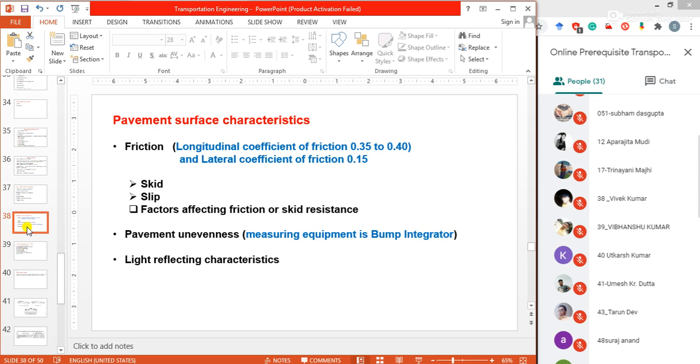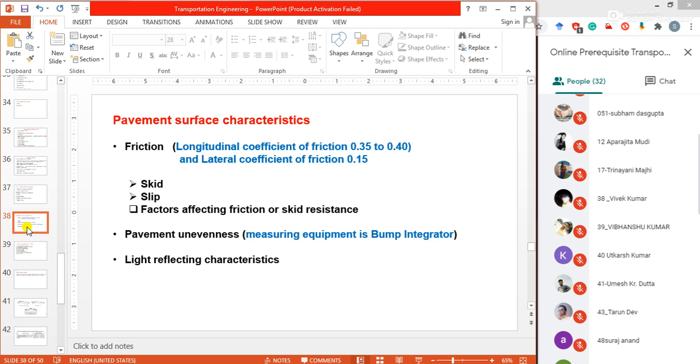So when a vehicle negotiates a horizontal curve, the lateral friction developed counteracts the centrifugal force and thus governs the safe operating speed. On a curve section of the roadway, friction can also happen due to lateral force.